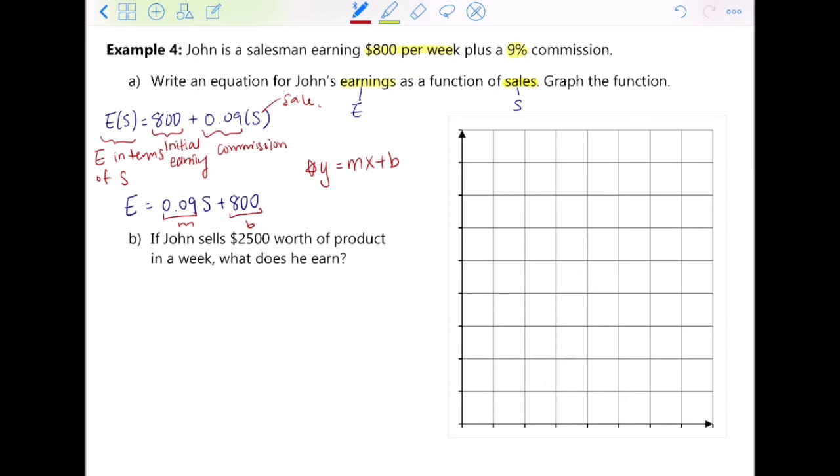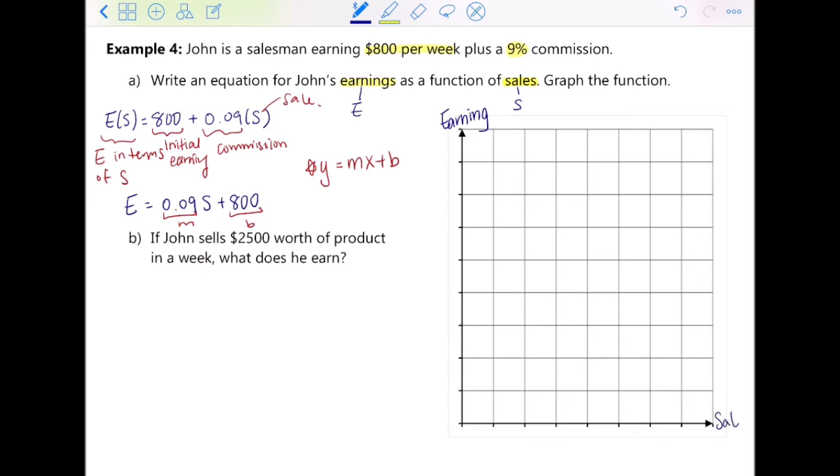So now we can graph. First we need to define the axes here. So earning goes here, and sale is the horizontal axis here. So they both start at 0. I'm going to go up by 200. And you are free to choose other values.